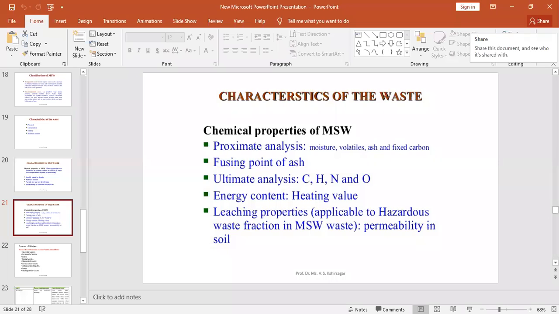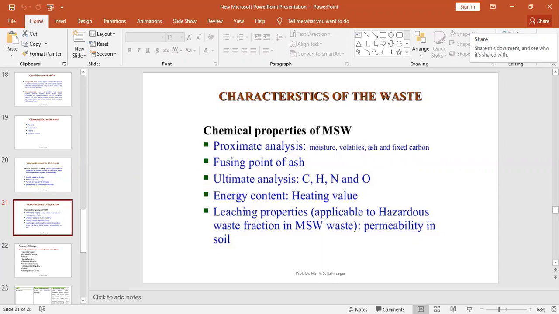If it is not that concentrated, it will be allowed to pass during percolation in the soil. That's why these leaching chemical properties are most important to understand for deciding the treatment of the solid waste.